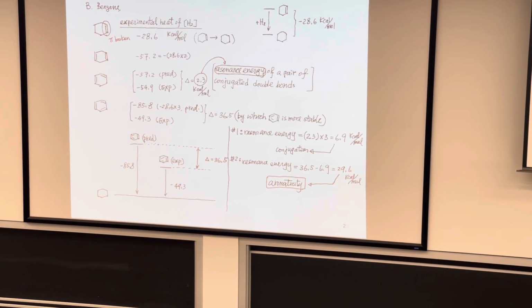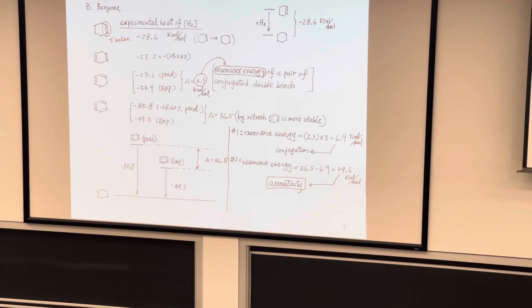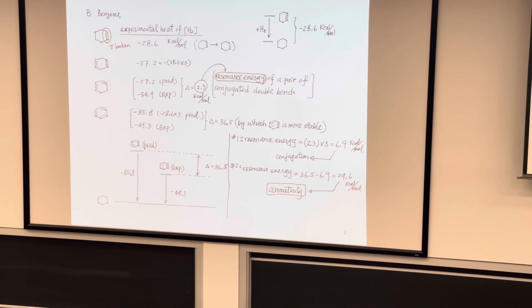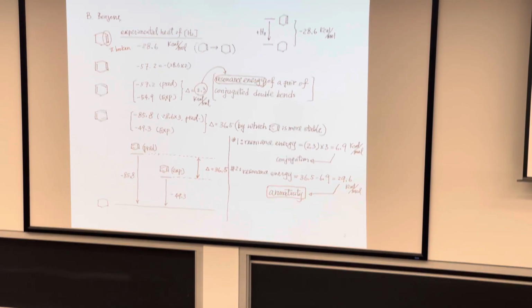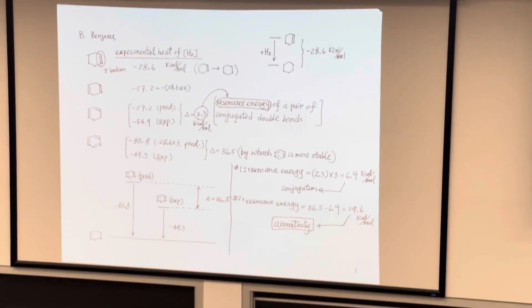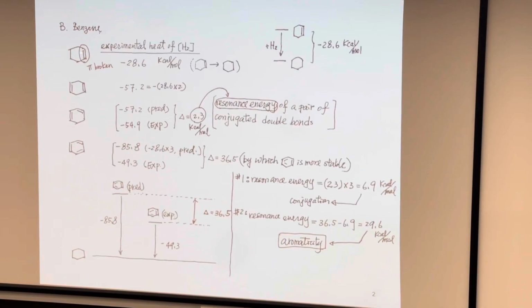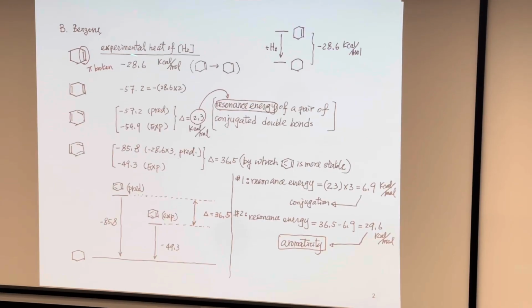Okay? Let's do the prediction. Without any stabilization considered, I use 28.6. Each double bond is going to release 28.6.